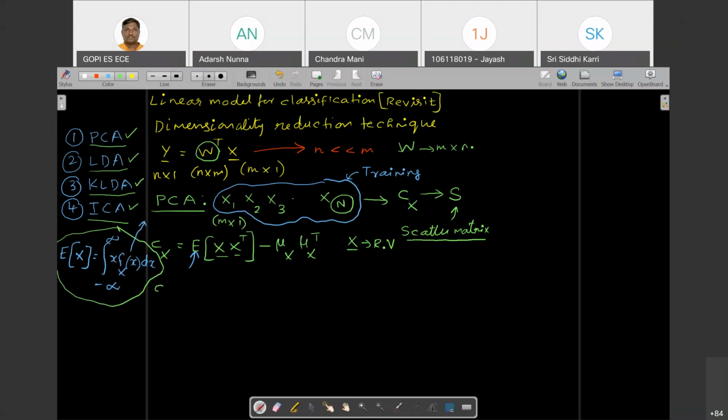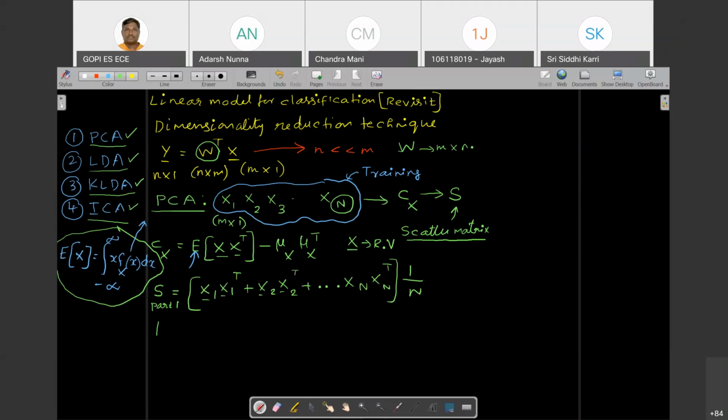From the data itself, we do this estimation: x1 is a column vector, x1 transpose plus x2 transpose, like that, up to xn transpose. There are n data available, and then you take this average. This is the first part, part 1.